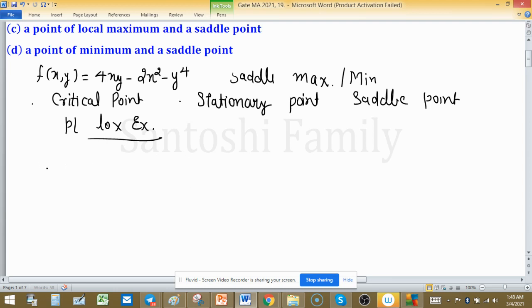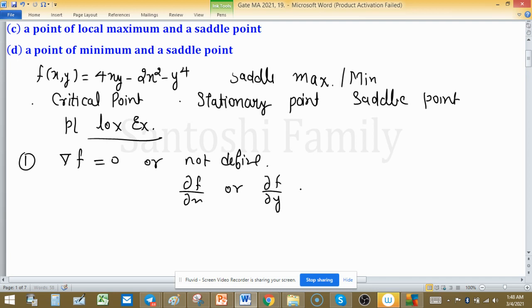First, we will discuss critical points. Critical points are those points where the gradient of the function is either 0 or not defined. The gradient is not defined if the partial derivative with respect to x or with respect to y, or both, doesn't exist.